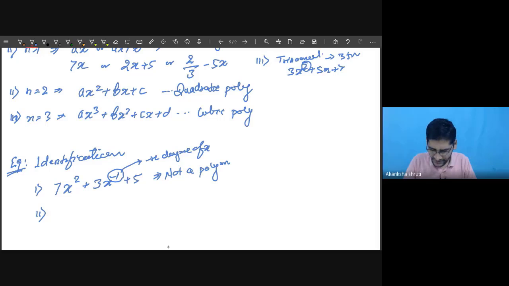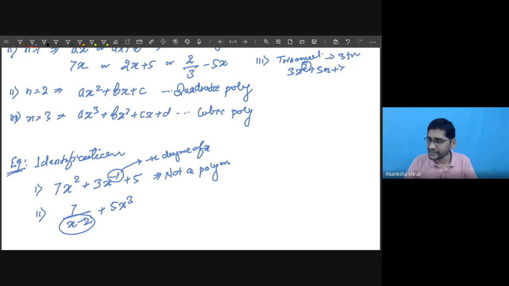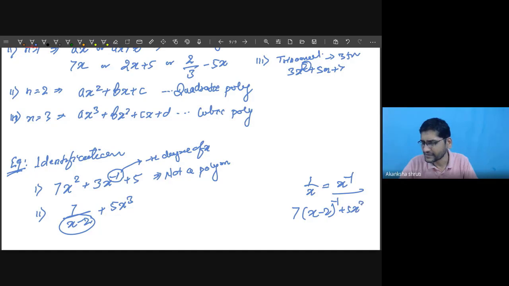Second, it may be possible that 7 by x minus 2 plus 5x cube, can it be a polynomial? No. No, sir. Again, why? Because, sir, x is in the denominator, and that we have learned. If there is 1 by x, it means x will have a negative power. In this case, even what will be there? 7 by x minus 2 whole to the power minus 1 plus 5x cube.